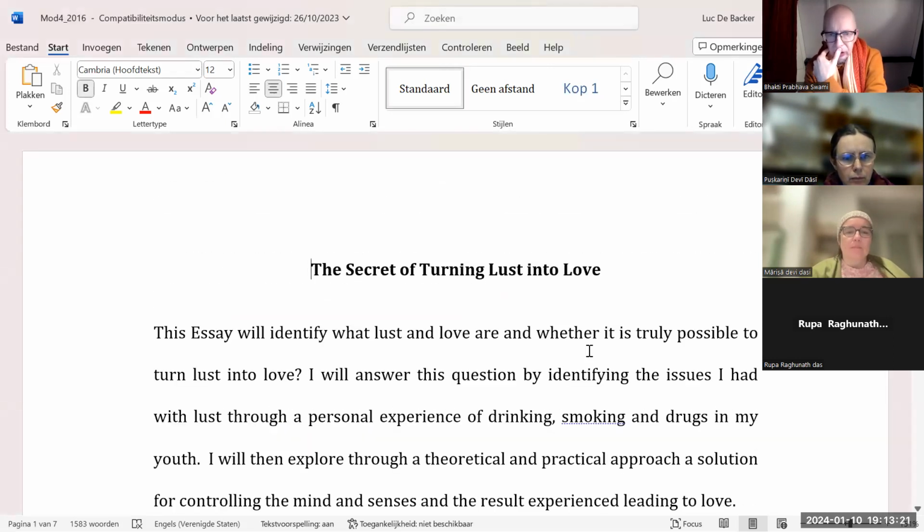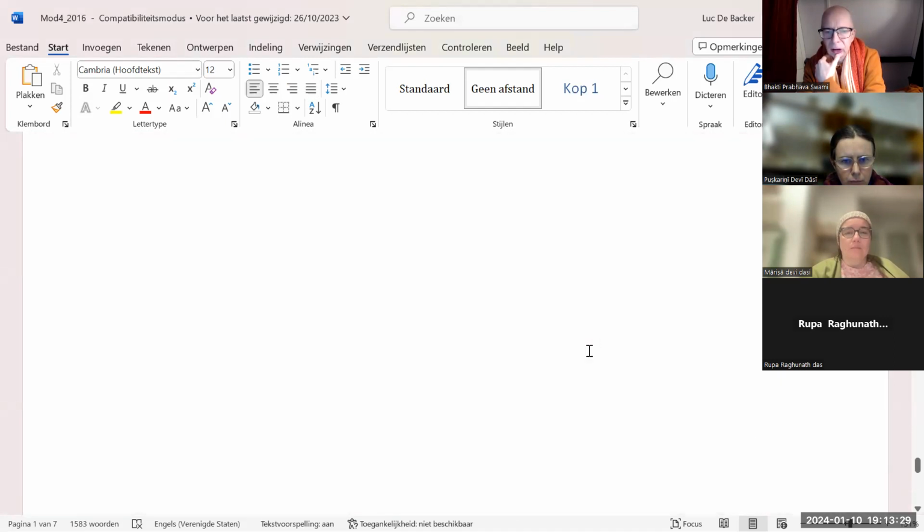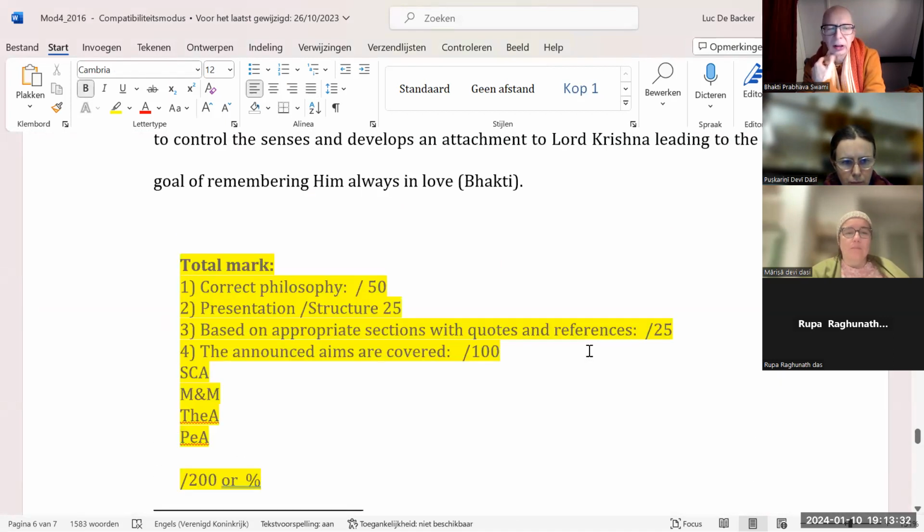So this is the theme, the secret of turning lust into love. It's an essay of different pages, but the assignment was that they should demonstrate very clearly 4 aims in the essay: Shastra Saksha, Mutan mission, theological application, and personal application.